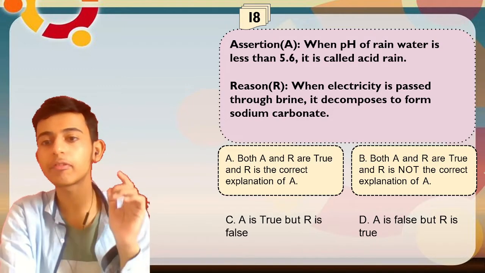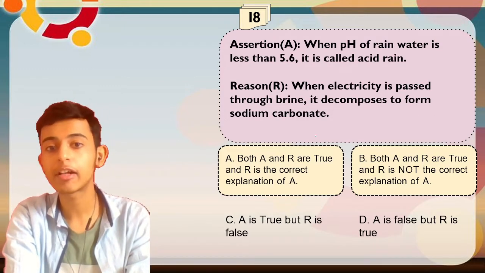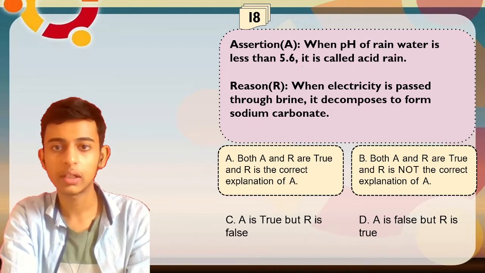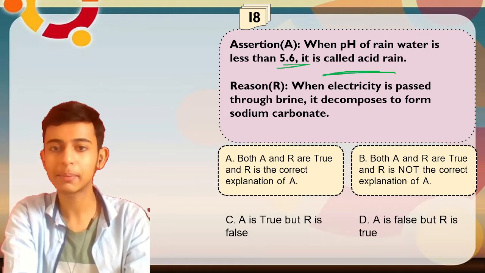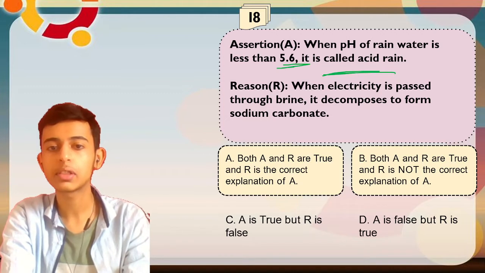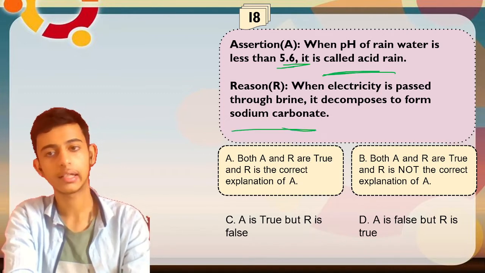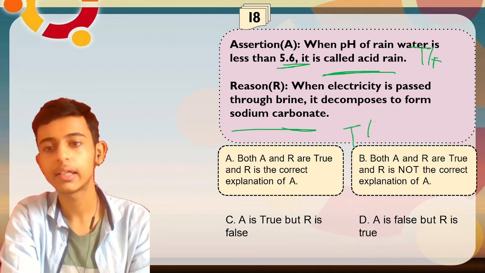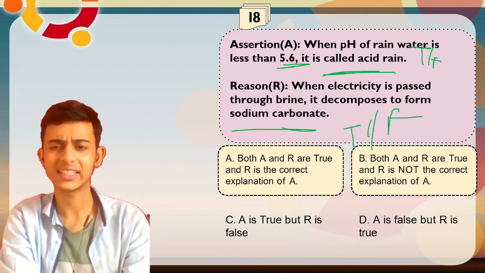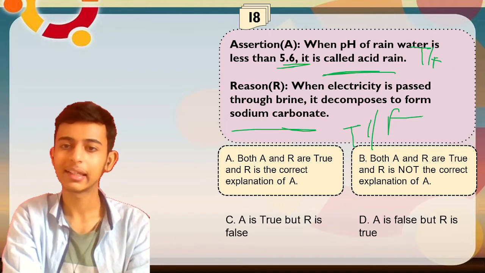18th. When pH of rainwater is less than 5.6, it is called acid rain. Reason: when electricity is passed through brine, it decomposes to form sodium carbonate. Just think about whether it's true or false, and you'll get your answer easily. Done? Okay.